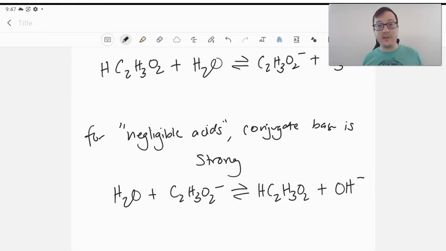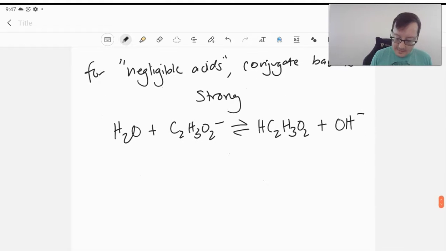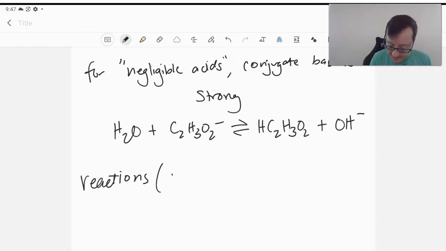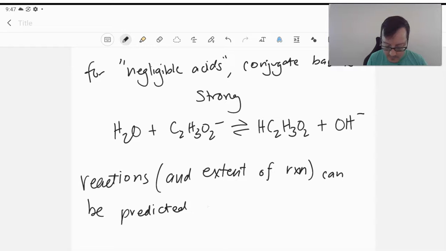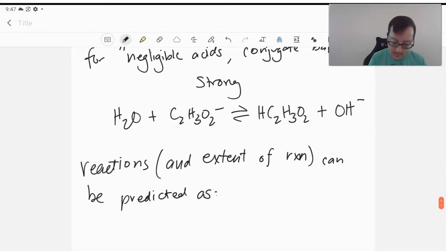All right, the whole point of this, by the way, is that reactions and the extent of the reaction, if it's an equilibrium situation, like where is that equilibrium going to lie? Is it going to favor the products, favor the reactants? Reactions can be predicted as the following.